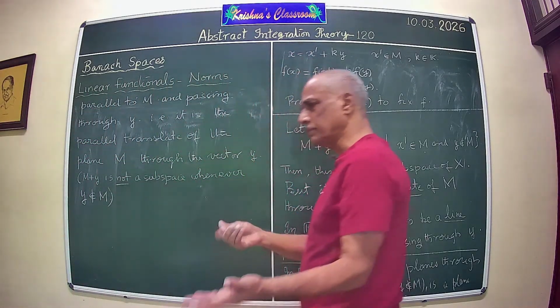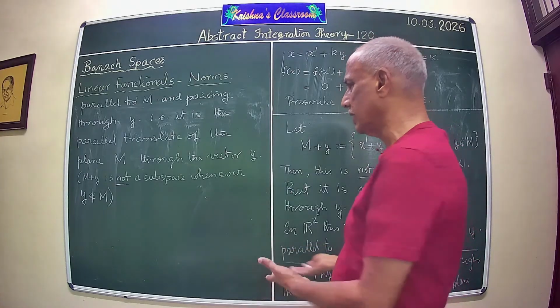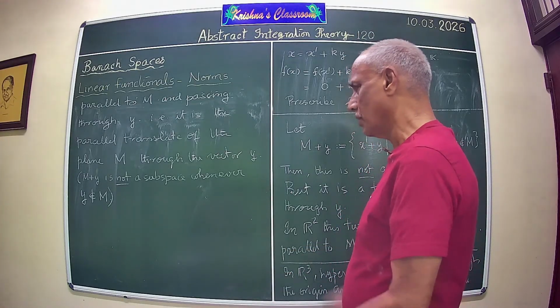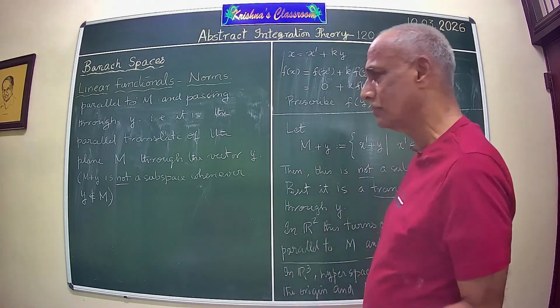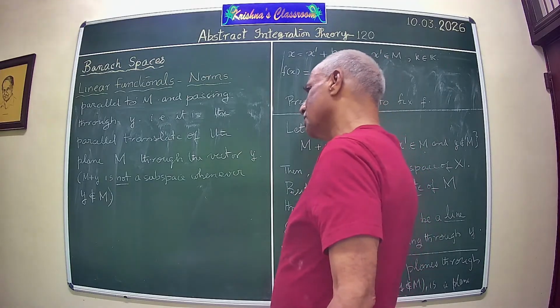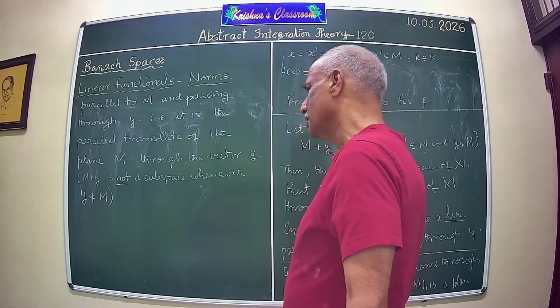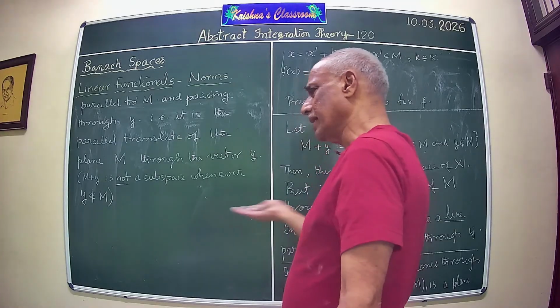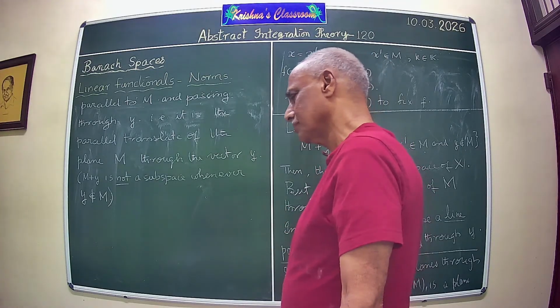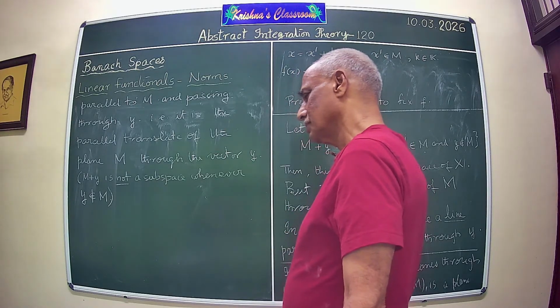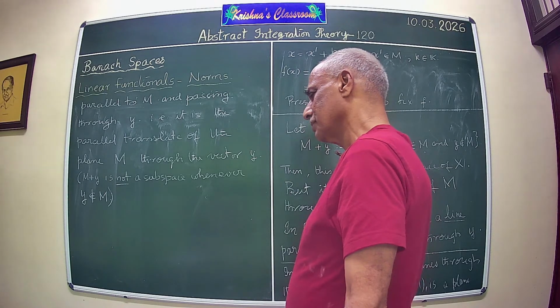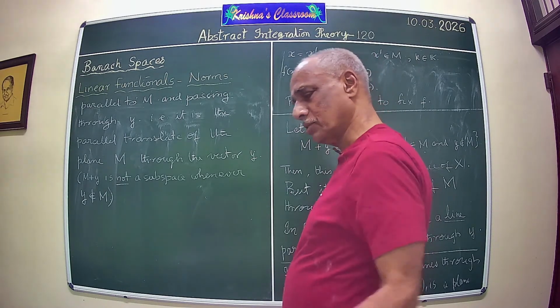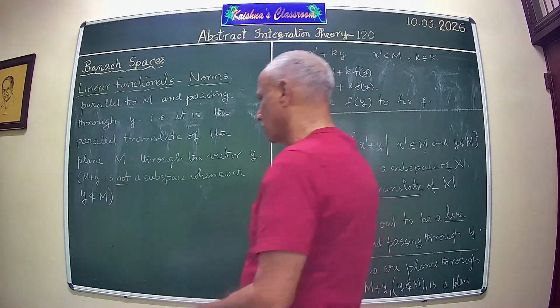If y belongs to M, then this is M itself. If y is not in M, then this is not M, because it's a plane that is parallel. This is called an affine space.